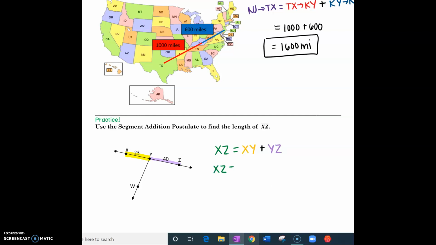So XZ is equal to 23 plus 40. So XZ is equal to 63 units.